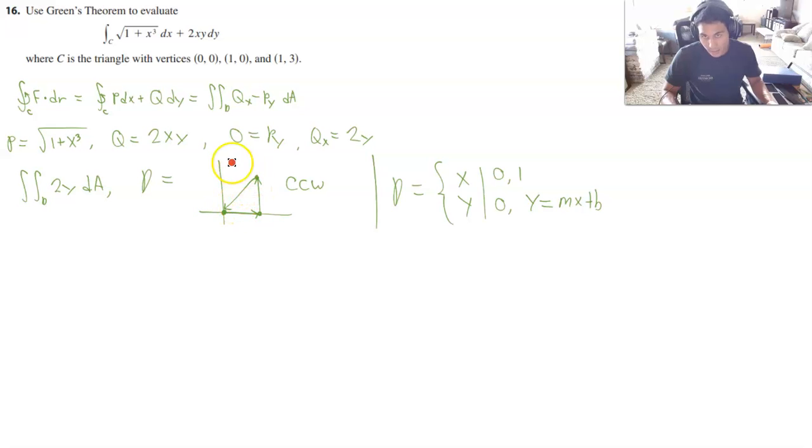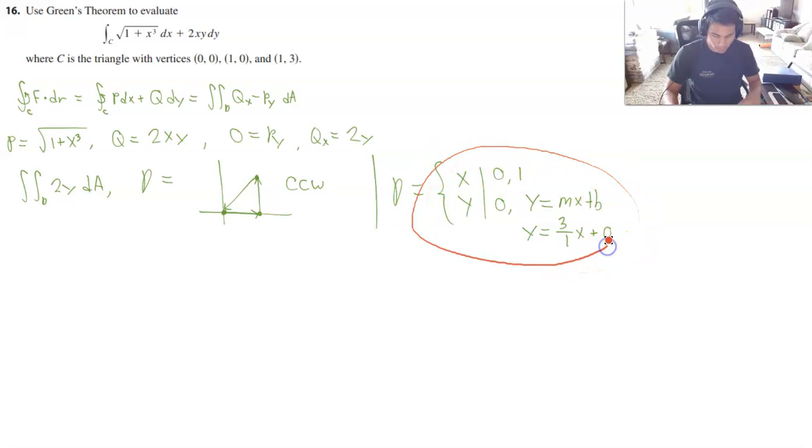The slope is the change in y divided by the change in x. The change in y is 3. The change in x is 1. And then it starts at 0, so plus b, it's just plus 0. Okay, so these are our bounds.